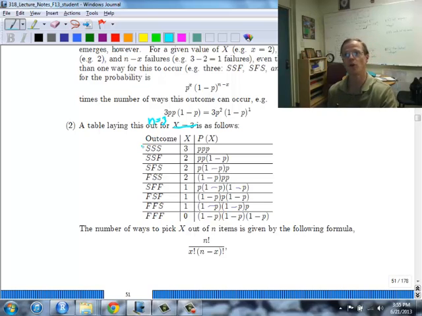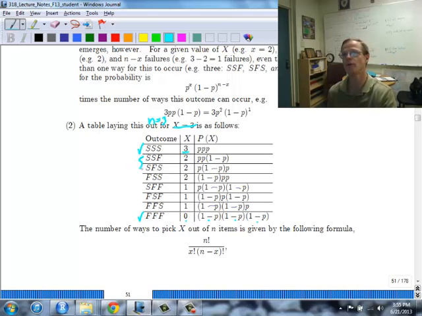So 3 girls, x equals 3, was half times half times half. So that one's good to go. Now, the 3 boys case, or the 0 girls case, is 1 minus p, which in our case was 1 minus half, 1 minus half, 1 minus half. That also got us our 0 girls case.